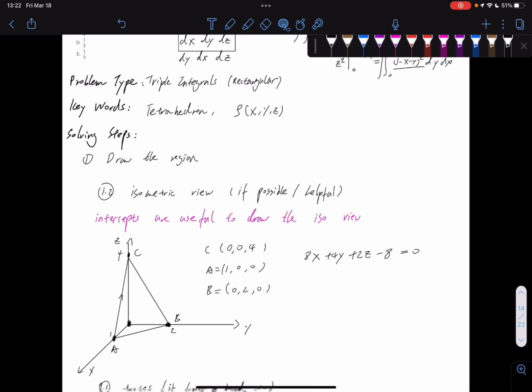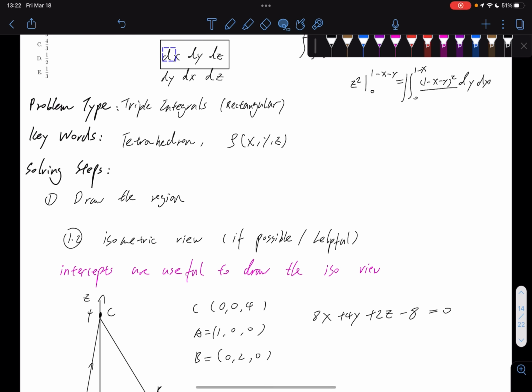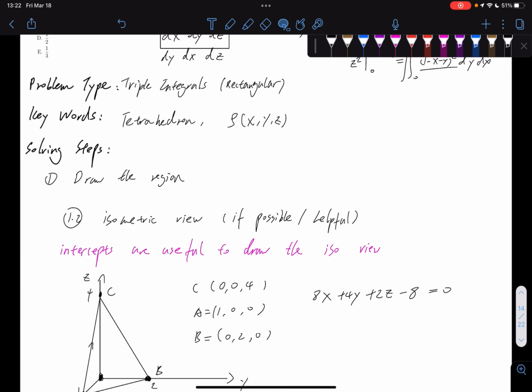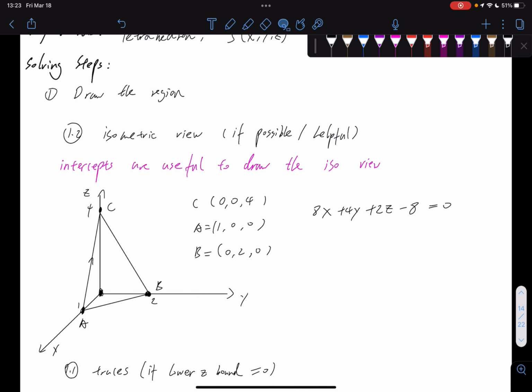And remember, our innermost integral is dx. So our bounds of the integral will be in the functions of y and z. So we should leave x on one side and then y and z on the other side.